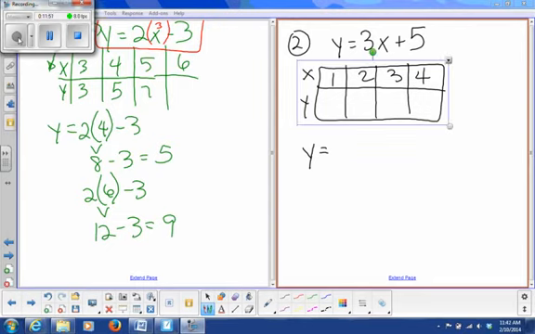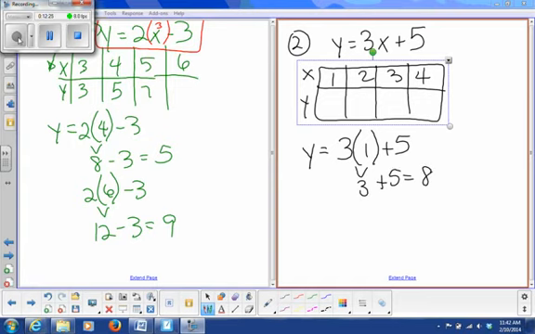I'm trying to solve for y. I didn't ask you to solve it yet. How do I write the equation to solve it? 3 times 1 plus 5, right? 3 times 1 is 3, plus 5 equals 8.